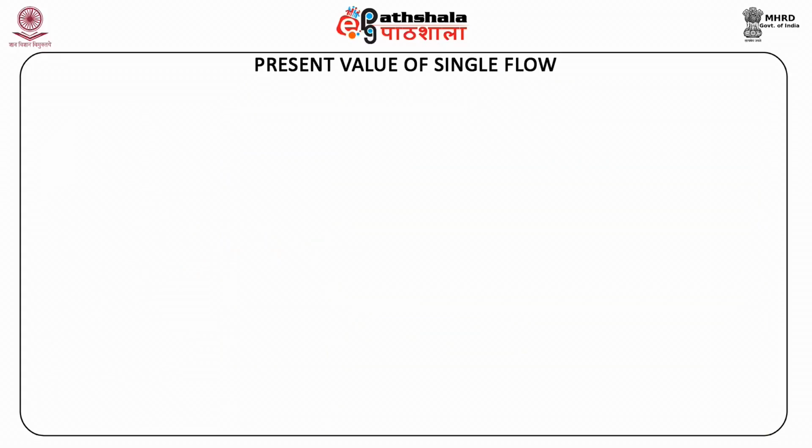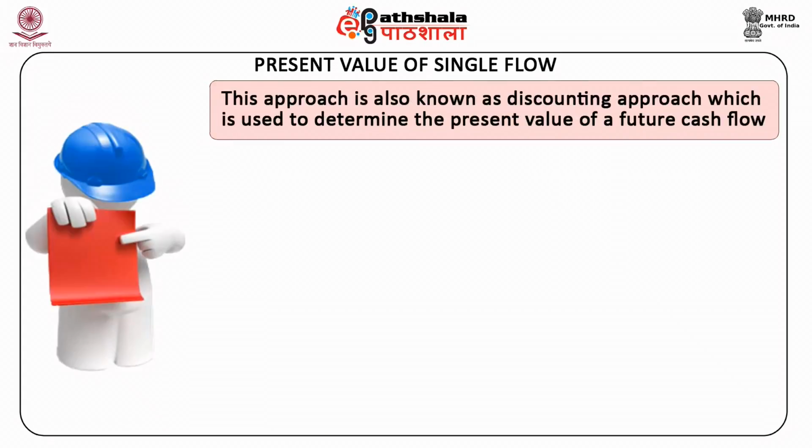This approach is also known as the discounting approach, which is used to determine the present value of a future cash flow. This approach is mostly used to evaluate the financial viability of projects. Below are the formulas to calculate the present value of a future cash flow.